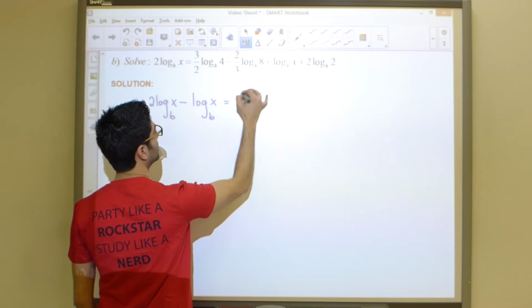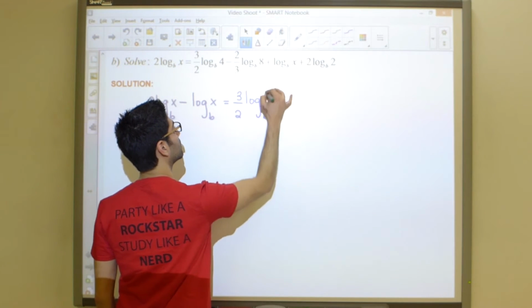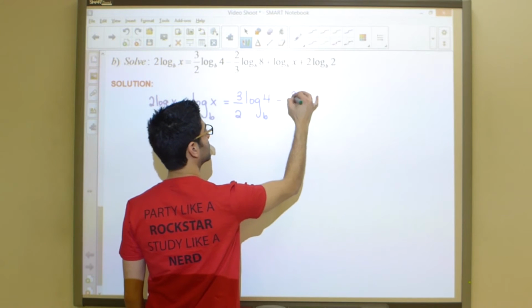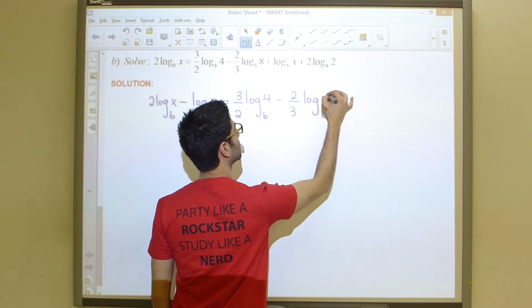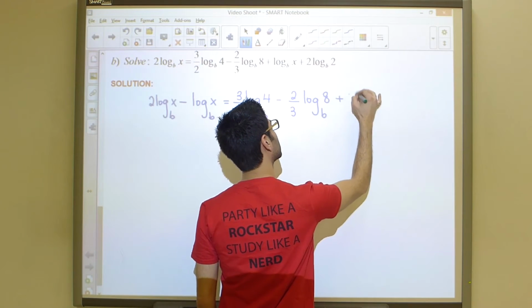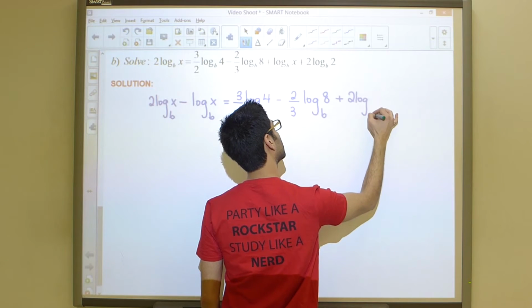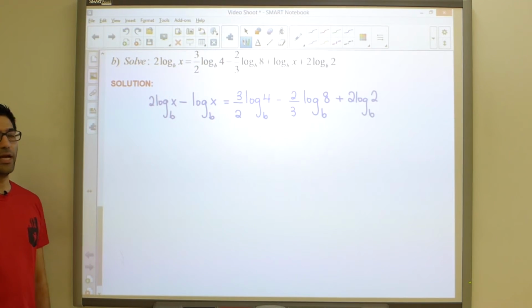And everything else stays exactly where it is. So that there is our first step applied. X is on one side, numbers on the other.